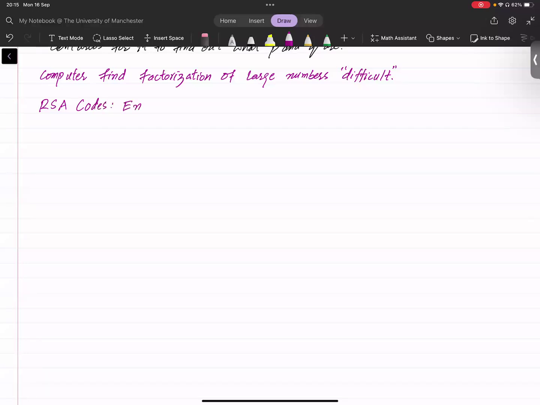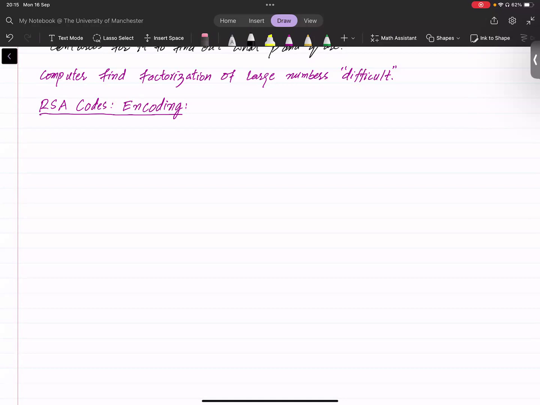Encoding: how we encode these messages. Here are the encoding and decoding processes for RSA codes.